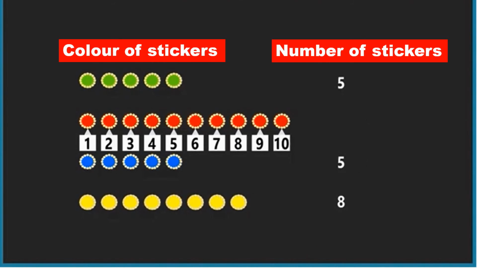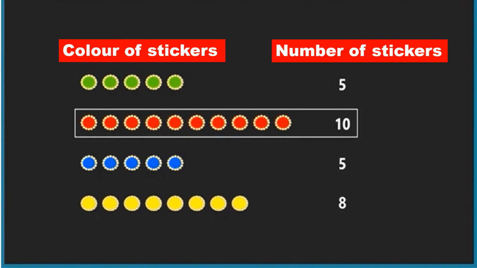Mummy given 3 more stickers. Adding 3 stickers with 7 stickers, we get 8, 9 and 10. Now I have 10 red stickers.